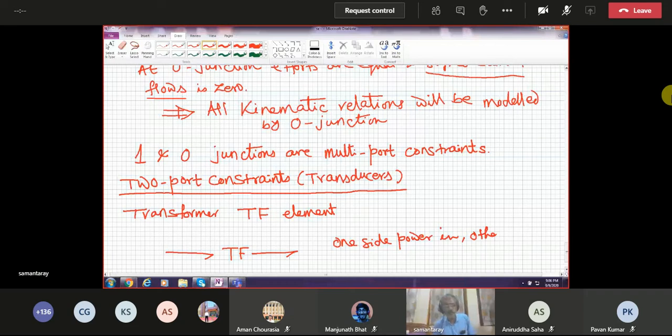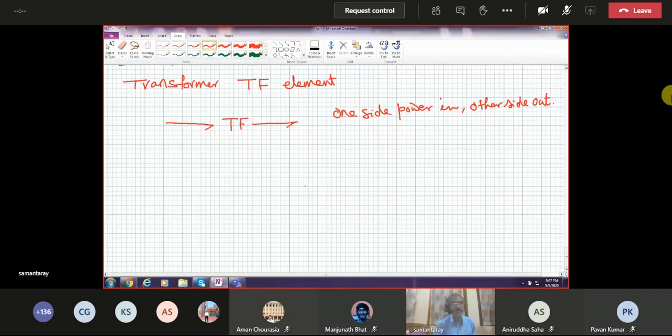Okay? So you cannot have power going out on both sides. You cannot have power coming in from outside on both sides. So one side will be in, other side will be out. That means a power arrow like this will be wrong, or like this will also be wrong. So you have to have this or this. Both of these are fine. One side in, one side out.